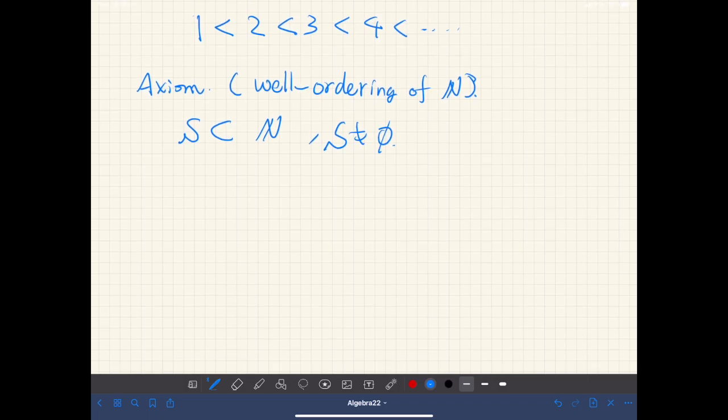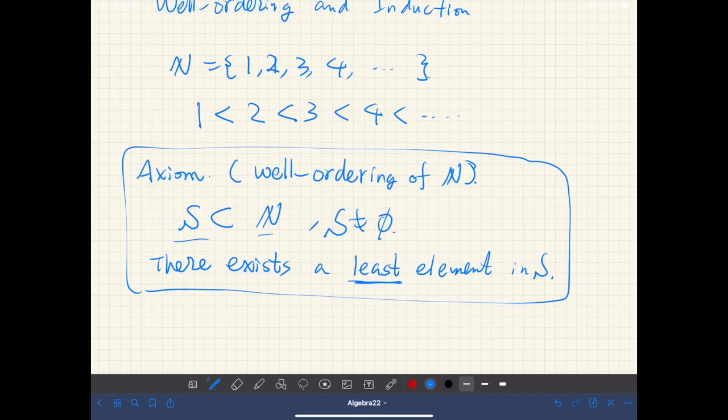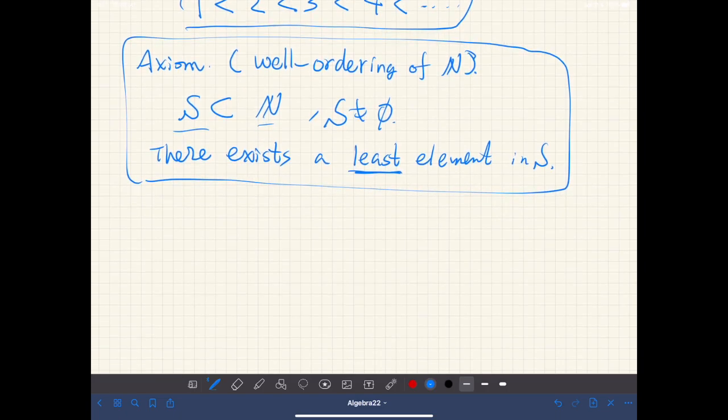Then there exists a least element in S. For any non-empty subset of natural numbers, there is a least element. Okay, so we state this as an axiom. The least here means least in the usual order of numbers.